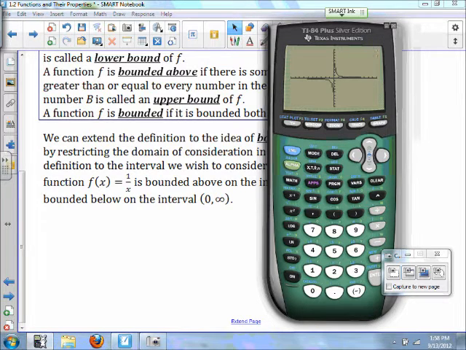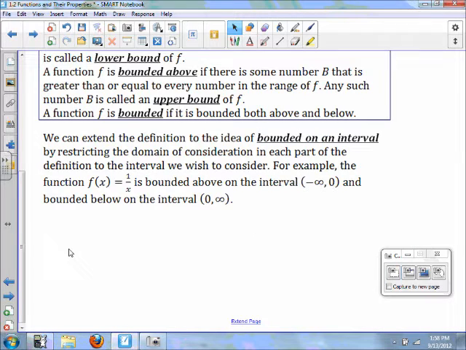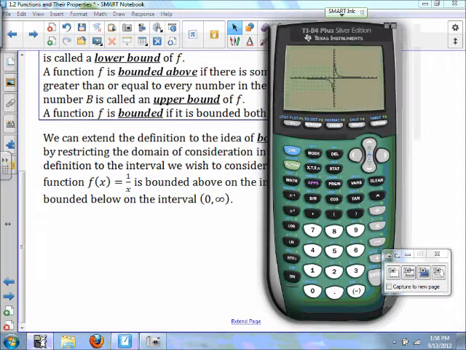As you can see, as a whole, this graph would not be bounded. It's going to go up to positive infinity along the y-axis. It's going to go down to negative infinity along the y-axis. So this one is not considered bounded at all, unbounded. But if we restrict it from negative infinity to 0, this graph would be considered bounded above, because there is a boundary line above the graph.